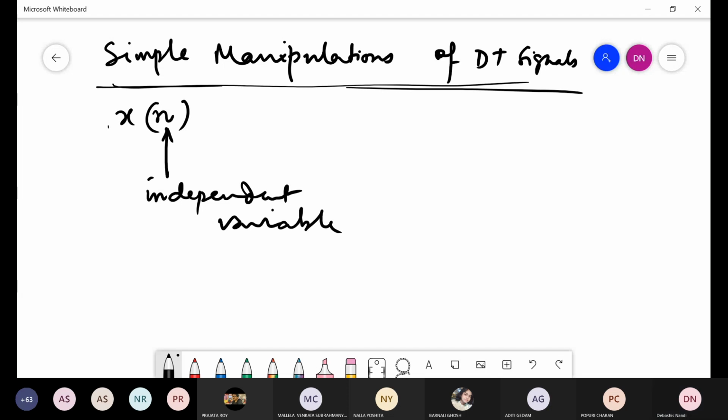Now, what are the different types of manipulation you can do on the independent variable n, the time variable? Let us see how to do that.